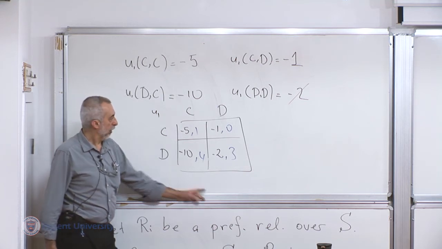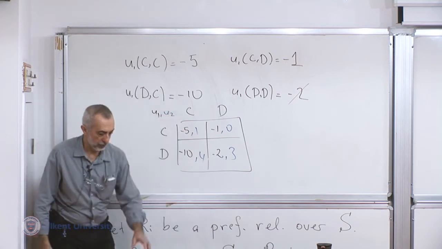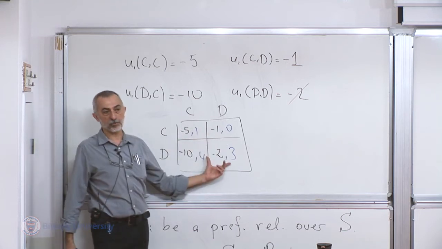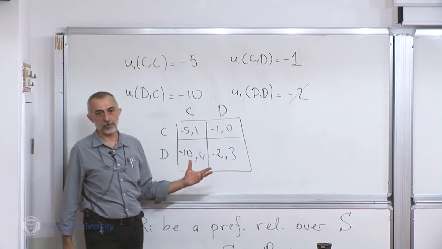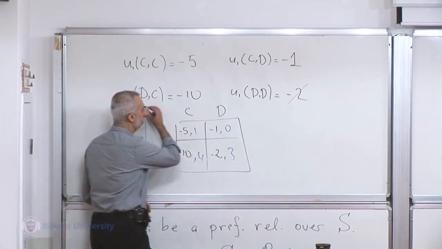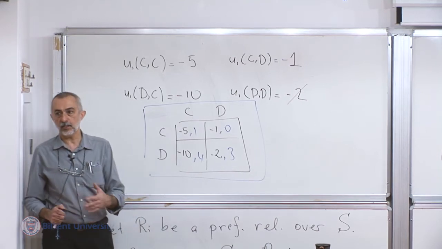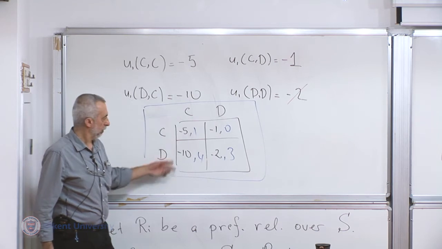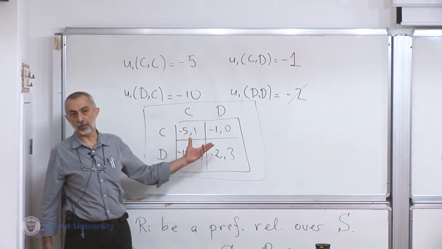Now, the nice thing about this, we also wrote U2 here. I'll erase them, and we'll keep in mind that these numbers are numeric representations of the preferences of the players. The nice thing about this representation is that just by looking at this picture, I can tell everything that I need about the game. It's a 2-by-2 table, which says that there are 2 players.